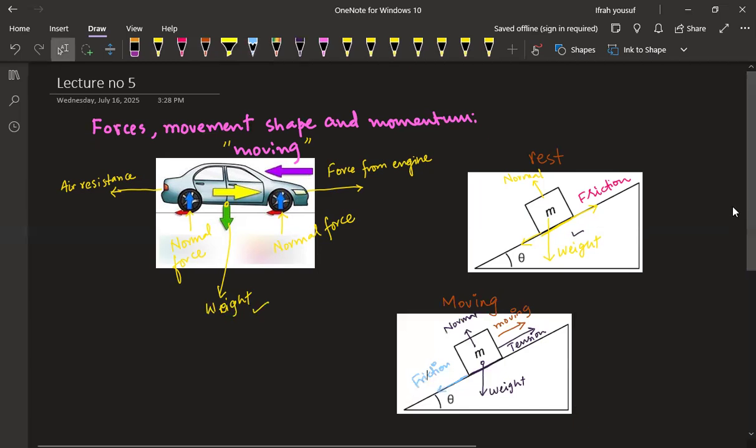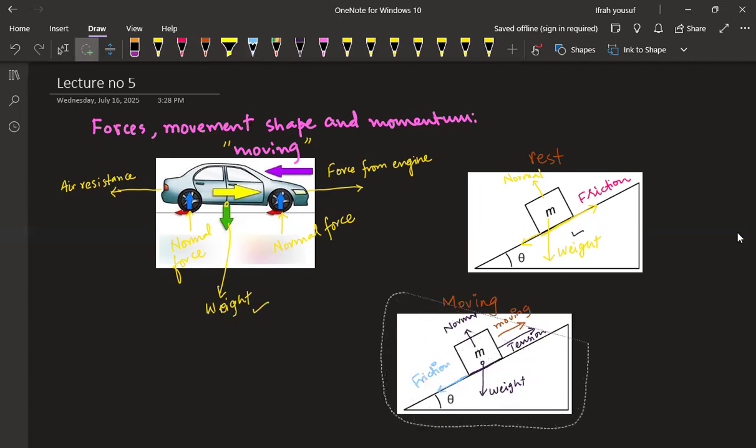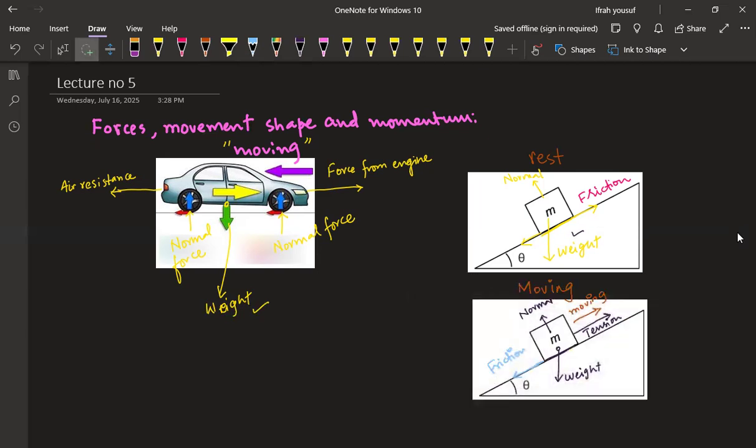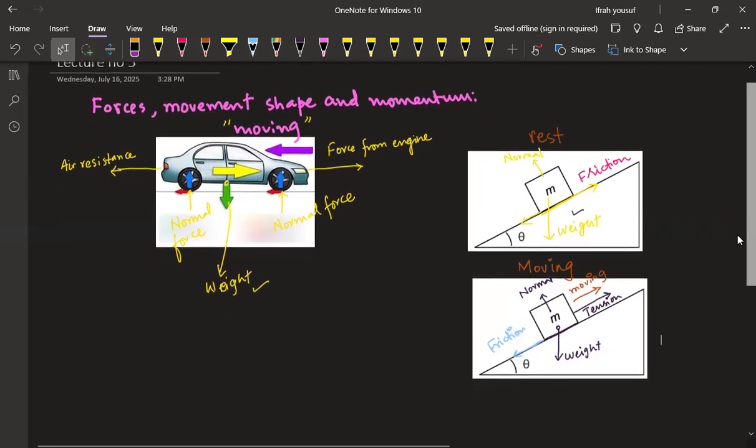Let's assume the case of an object that is going inside the water. Let me take that one, an object that is submerging.